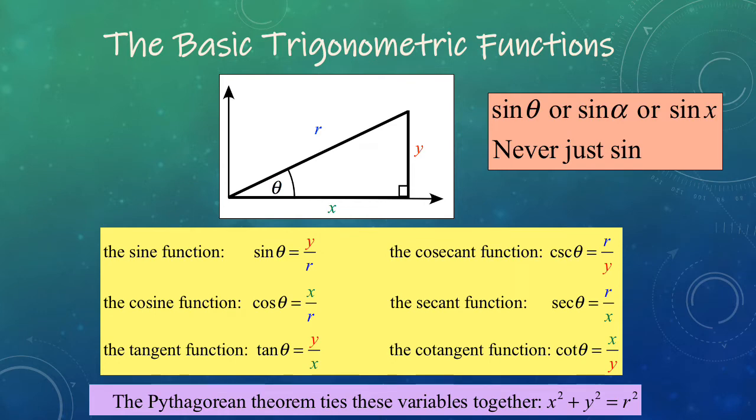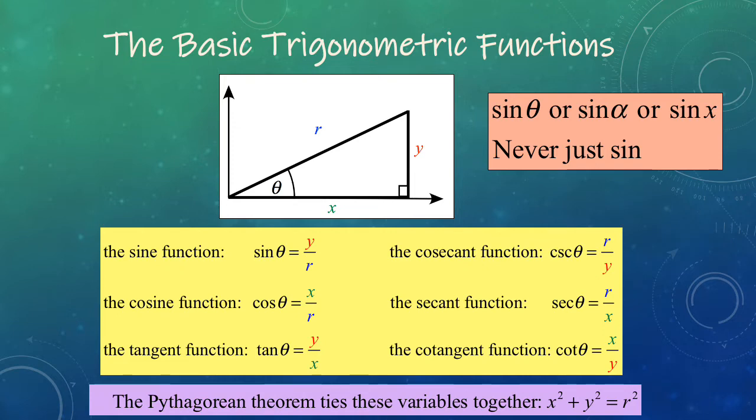Please remember that there is no such thing as sine by itself. Sine doesn't exist by itself. It is sine theta or sine alpha, or if x is an angle, we would say sine x. But we never say just sine, as a trig function is a function of an angle.